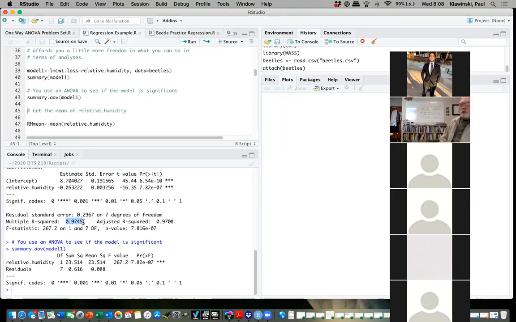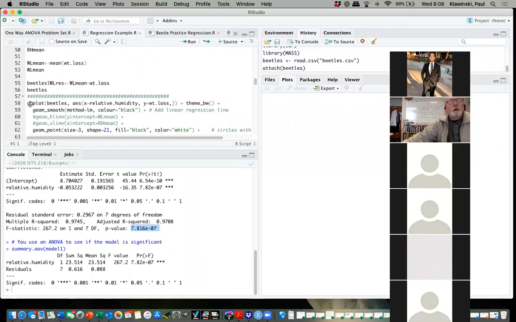Relative humidity does a good job of explaining variation in weight loss. And so this is the same p-value here that we see up here, 7.82 times 10 to the minus 7.